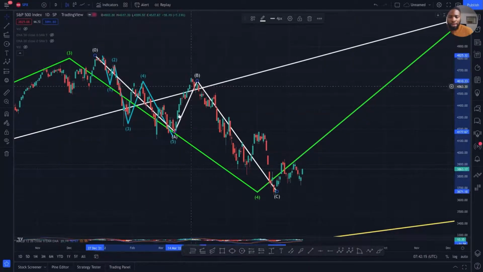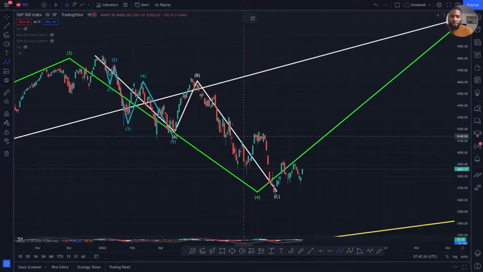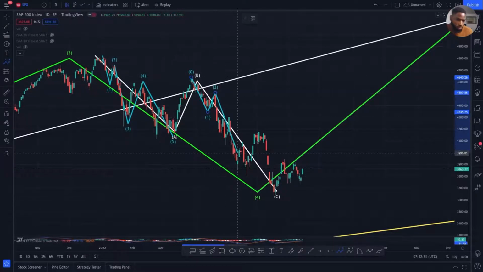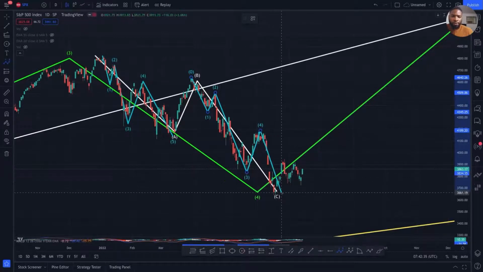The B wave pattern, I can't really see it. Maybe if I scale down to the 4 hour time frame, I'll be able to see the 3-wave pattern. But the C wave is always the 5-wave pattern, like I said. So I can see that this is wave 1, wave 2, wave 3, wave 4, wave 5.